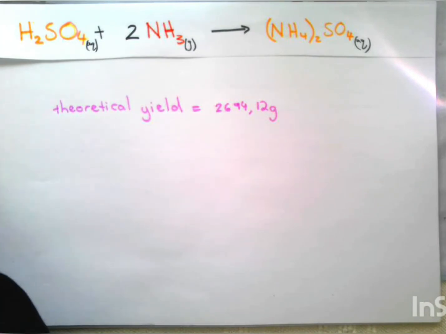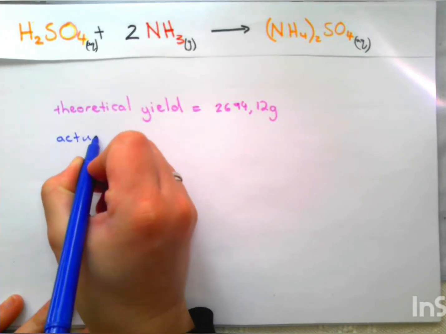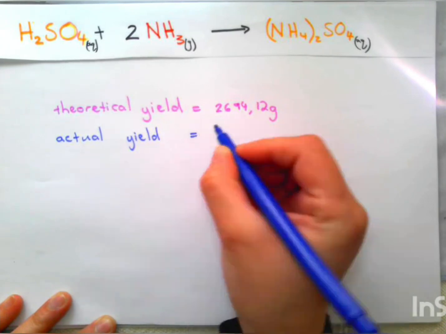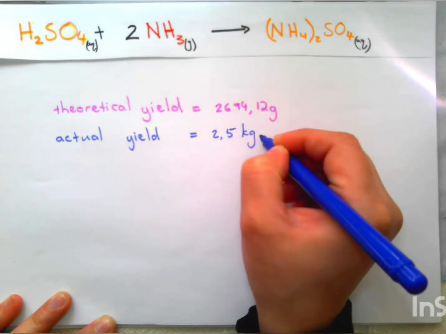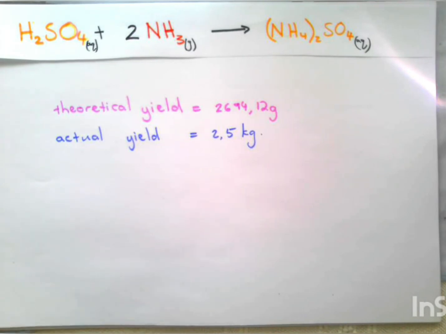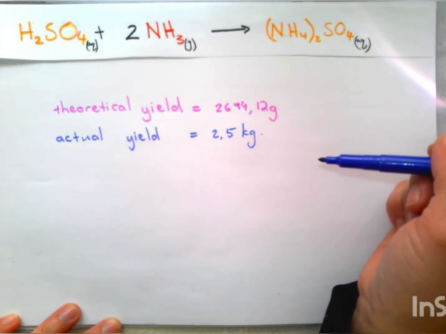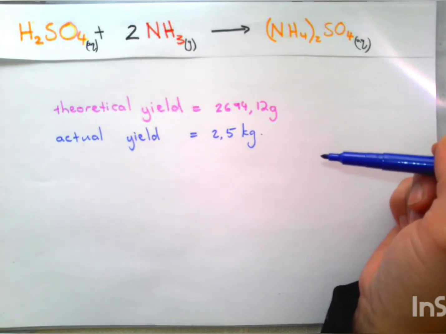My actual yield is what they gave us in our question. So actual yield was equal to 2.5 kilograms. Now, as you can see, we're working with different units, so we just have to make sure that we choose one unit and work with that.